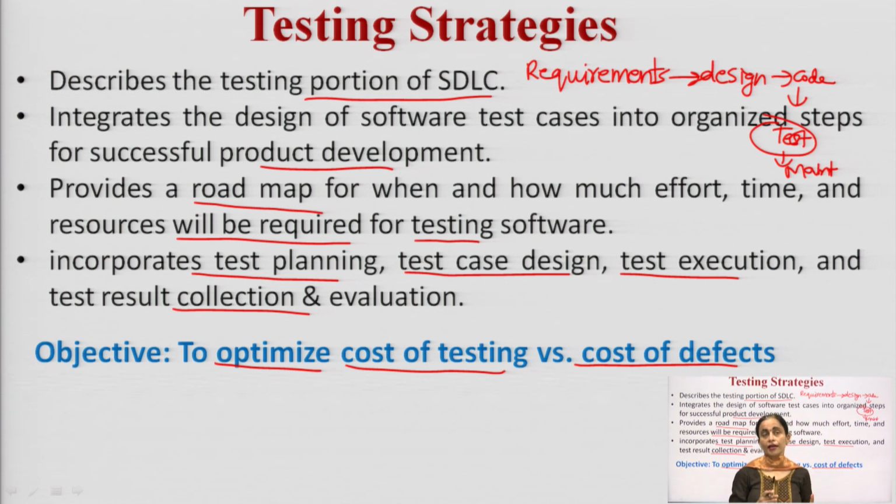Accordingly, is it worth spending, or is the cost that I decided at the time of agreement between the customer and the team going that way, or is my cost increasing. So, testing strategy focuses on how I am going to optimize my effort, cost and time during testing, or whether I am doing more, or there are more errors and the user does not want that.